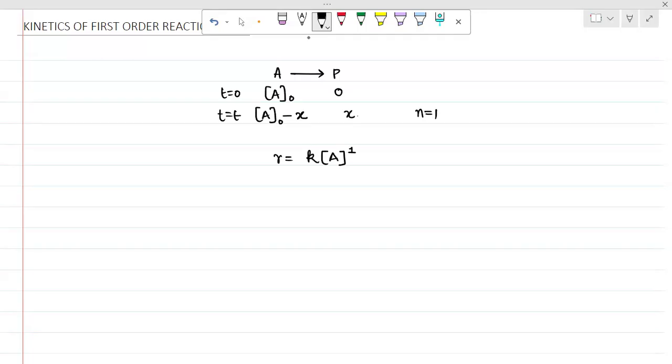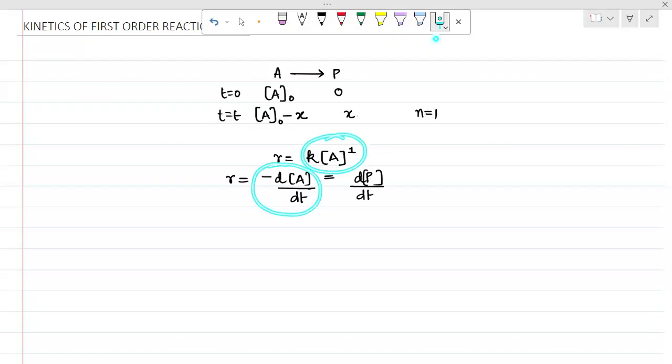Theoretical rate can also be written as minus d concentration of A by dt, which is also equal to R. In terms of reactant or in terms of product, I can write it as dP by dt. Correct. Now, this is in terms of A, this is also in terms of A, and both of these notate rates.